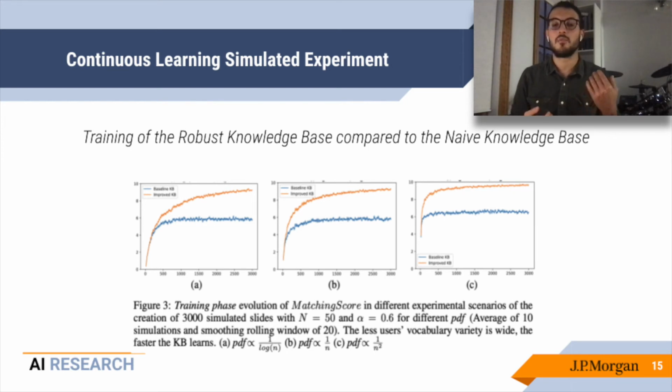We can see here in blue the naive knowledge base, in orange the robust knowledge base. So while the robust knowledge base learns as fast as the naive knowledge base in the first phase, the naive one will quickly plateau at a ratio that is close to alpha, while the robust knowledge base will pursue its learning and it will continue to grow.